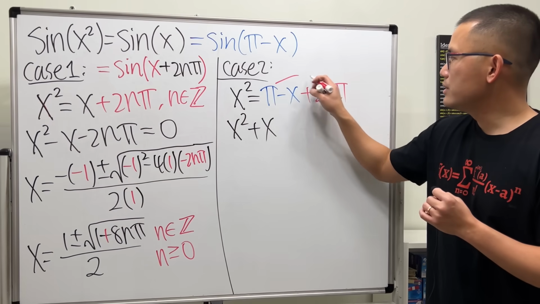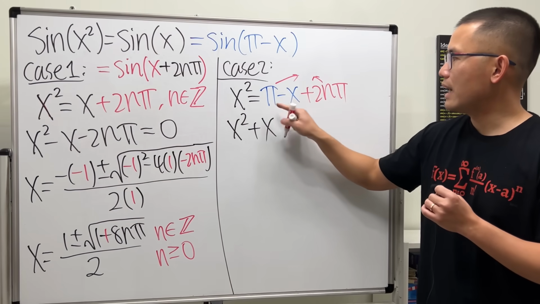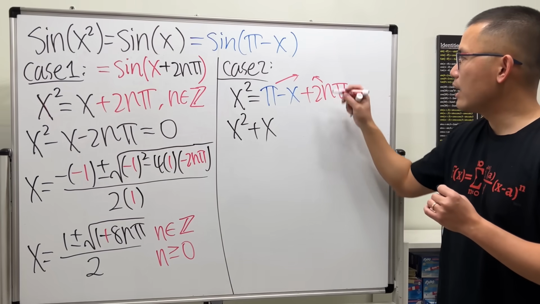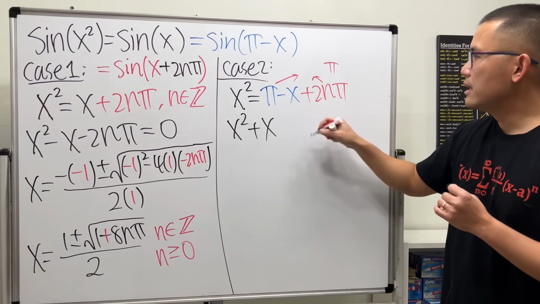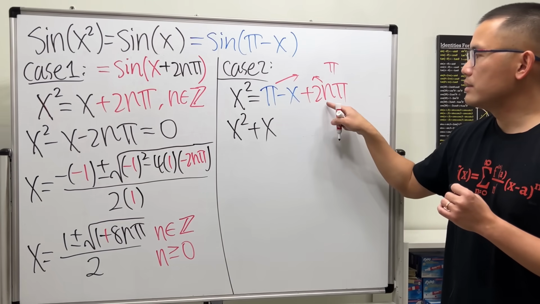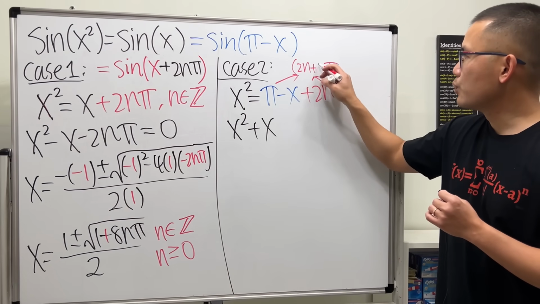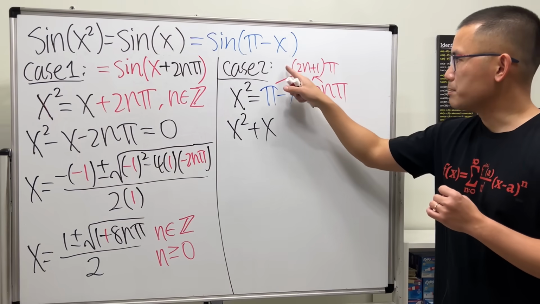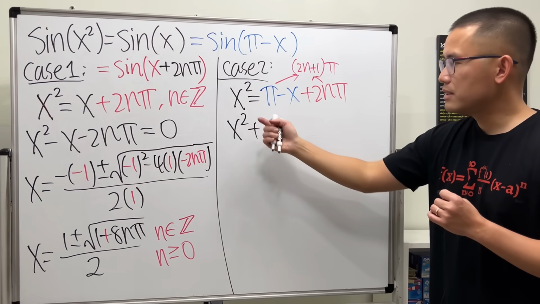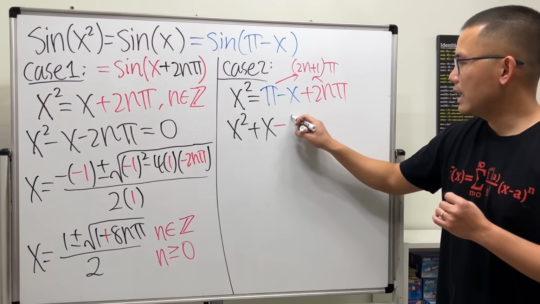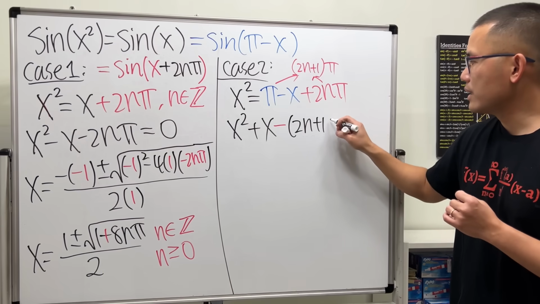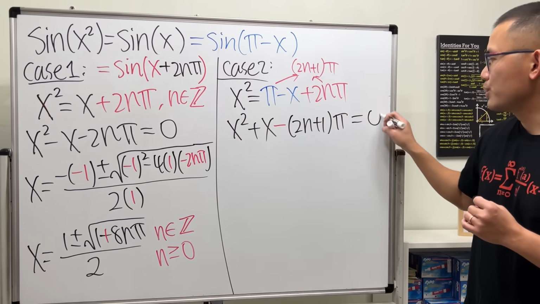And then these two things together, because they both have the pi, I can factor that out and then put a pi at the end. This is 1 and then 2n. So I'm just going to write this 2n plus 1. And on the right hand side, it's positive. I'm going to move to the left, so it becomes a minus. And then we have 2n plus 1. And then pi, that's equal to 0.